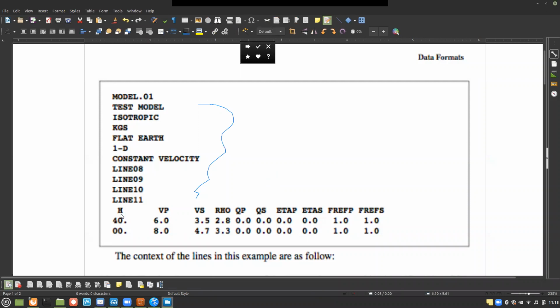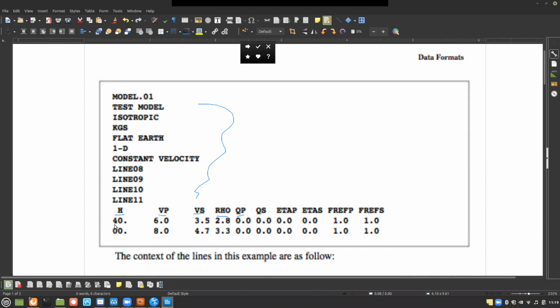And then you go here, here you define the parameterization actually. So in this case, it's asking for each layer: the depth to each layer, the VP, the VS, the rho, some attenuation parameters, and some other parameters that are fixed or you don't need to change that much.